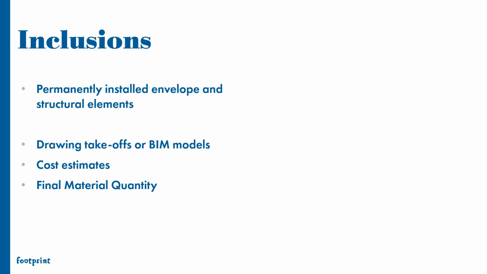And when we're really looking at these and the inclusions, we're looking at these from drawing takeoffs or BIM models, cost estimating practices, as well as even final material quantity. So this will really depend on when you're getting this information, when you're doing it. If you're doing a really early design model, you may be working from some napkin drawings, and you have to kind of figure that out.